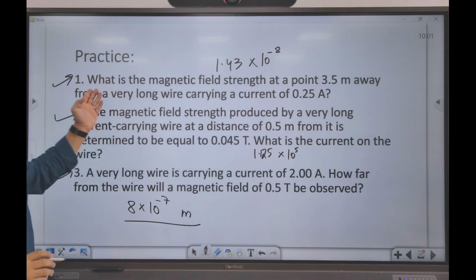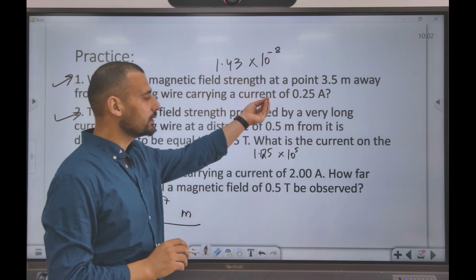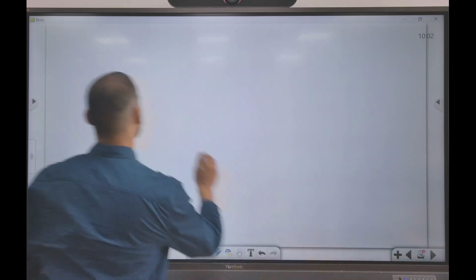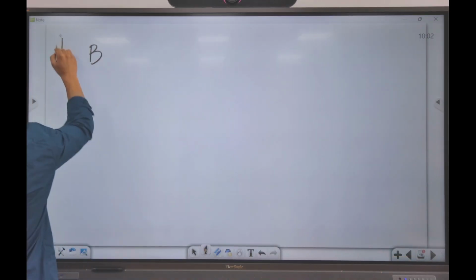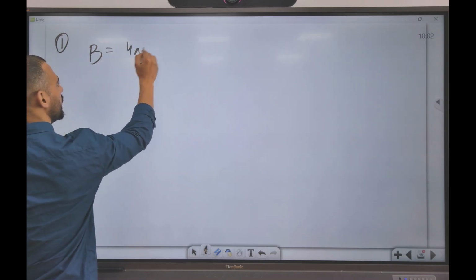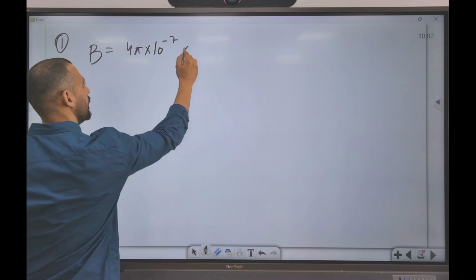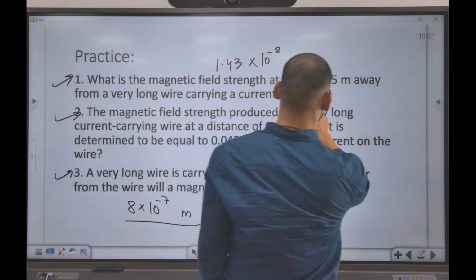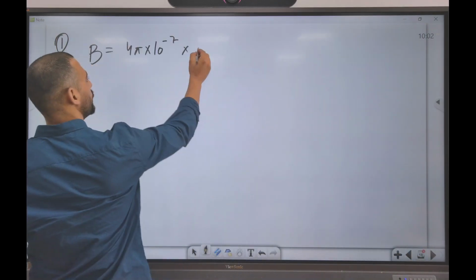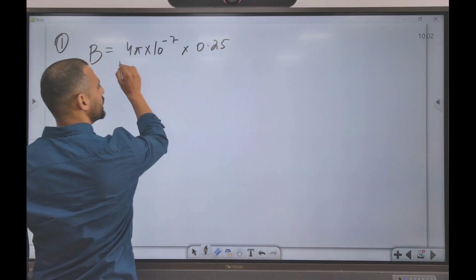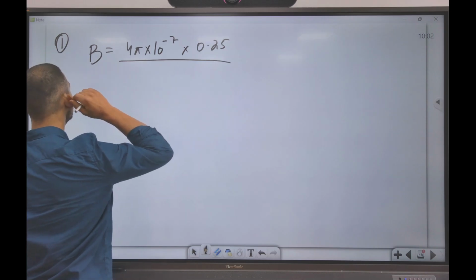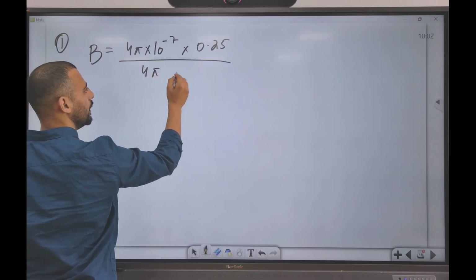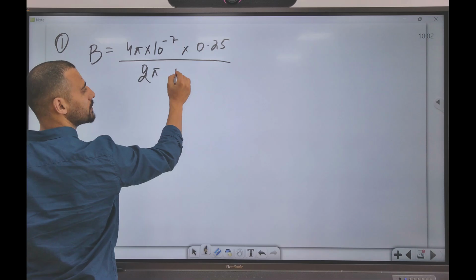So the first question is, I think, the easiest. The magnetic field strength, distance is given, current is given. You just have to put in the values. So the magnetic field in the first case is equal to mu naught, 4 pi times 10 to the power -7, times the current divided by 2 pi r. The current is 0.25, r is 3.5.